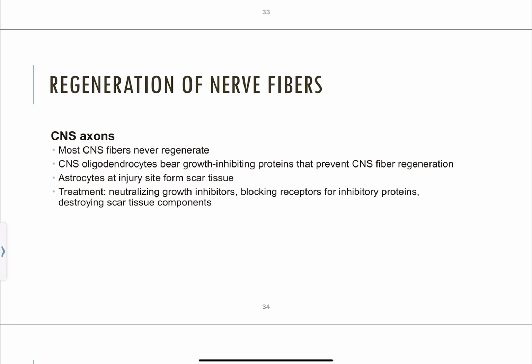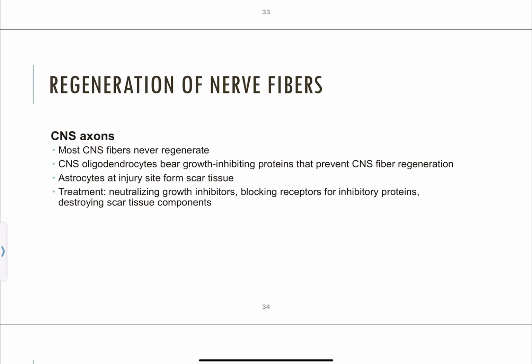Typically though, for treatment, they are working on new things. For example, they are trying neutralizing growth inhibitors, blocking receptors for these inhibitory proteins that these oligodendrocytes are secreting, and also helping prevent scar tissue components that are coming from the astrocytes themselves.